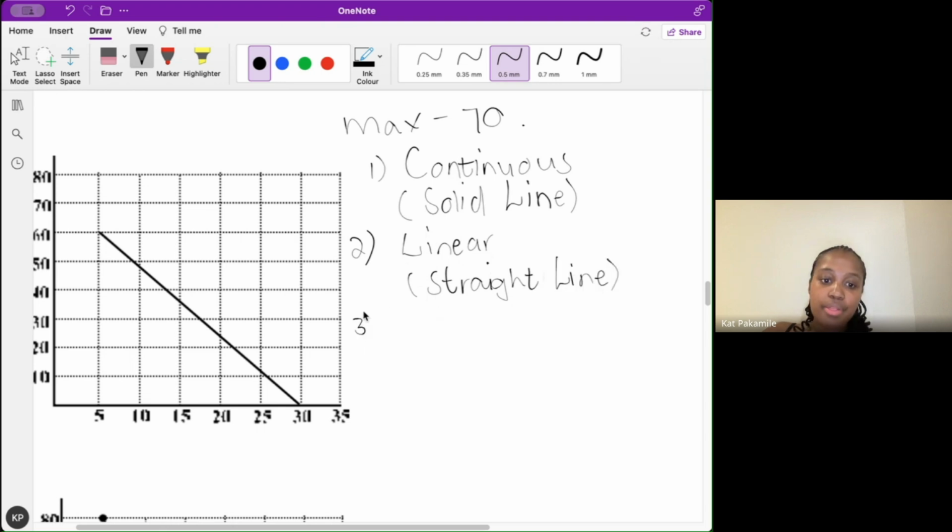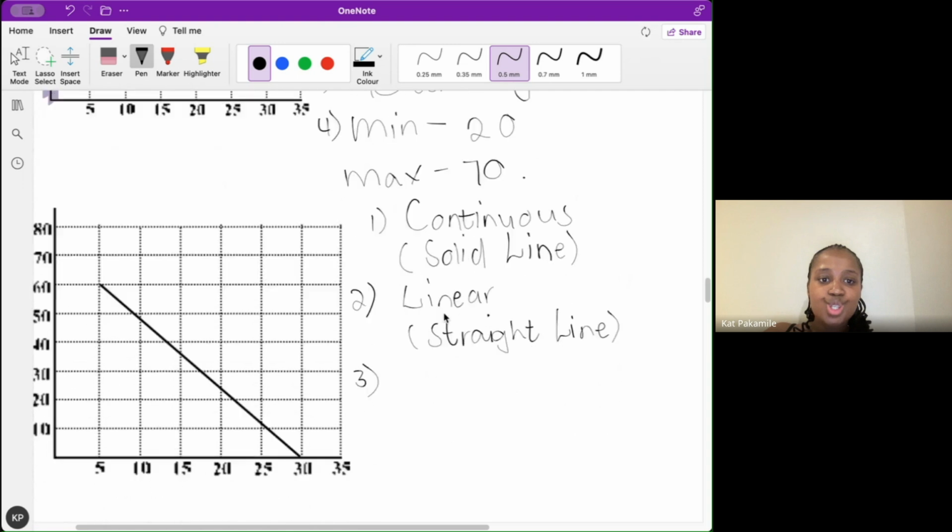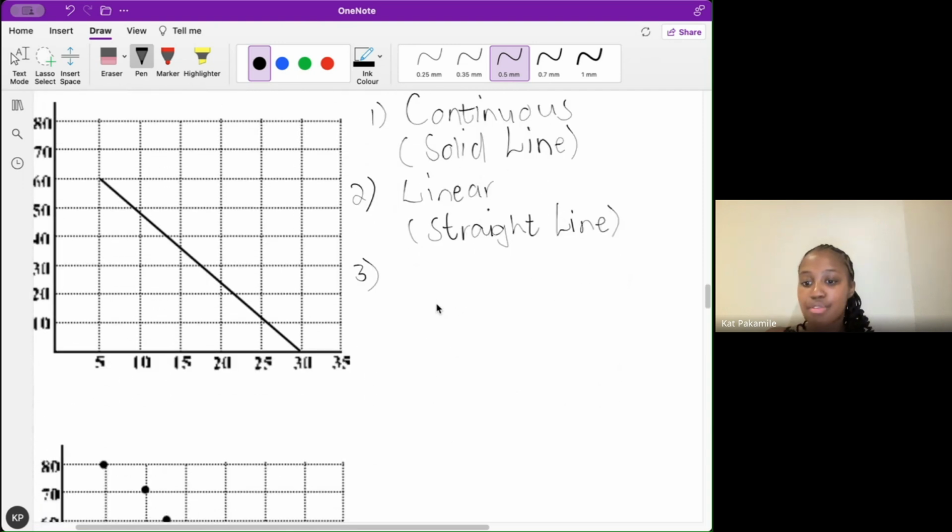Okay. Third one, is it an increasing or decreasing graph? Where does this graph start? Let's check where this graph starts.